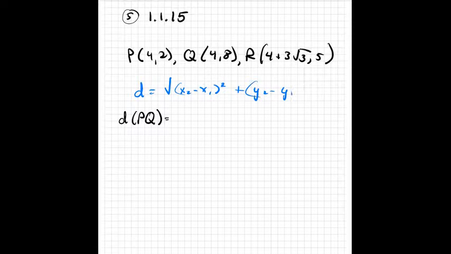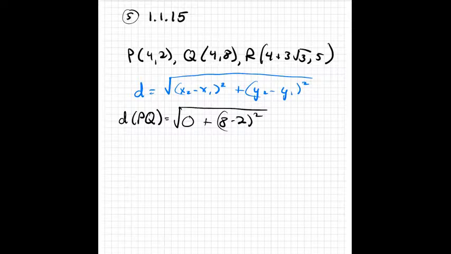Okay, P and Q. So that's going to be 0 plus 8 minus 2 squared. That's going to be what? 6 squared is 36, so that's just going to be 6.